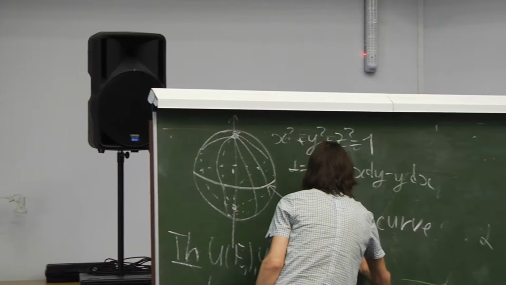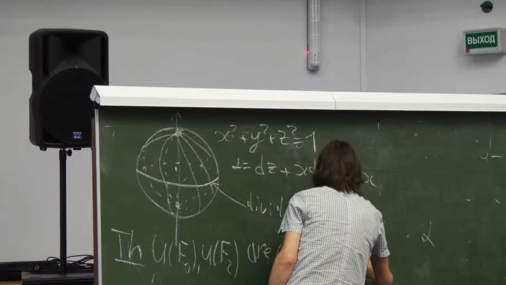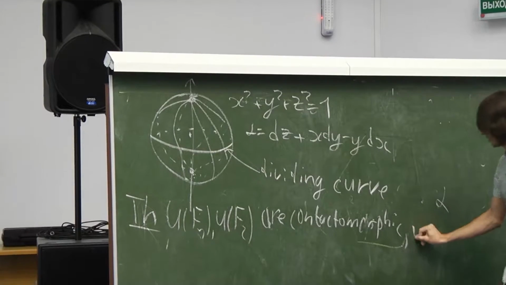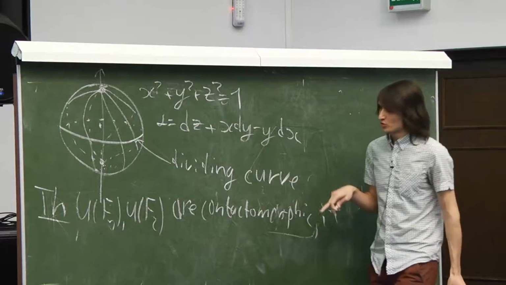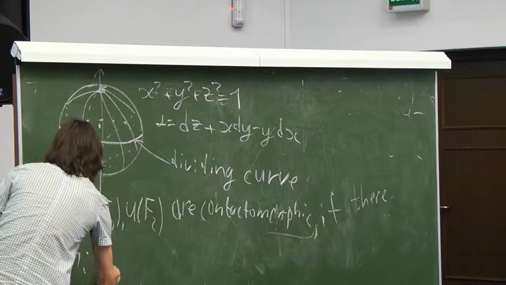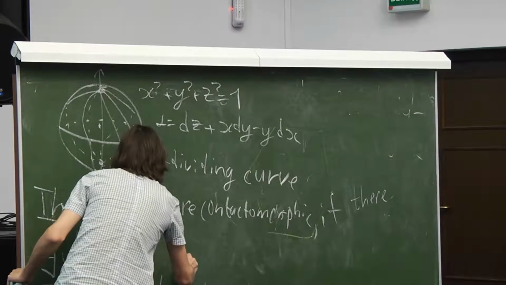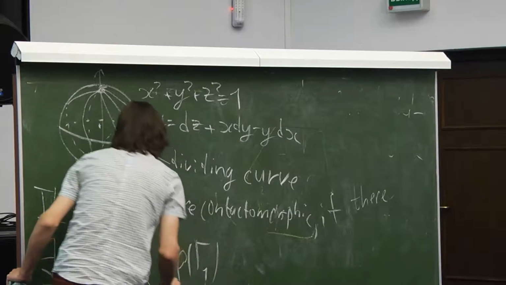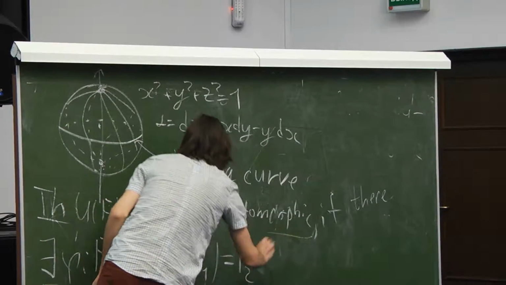Two neighborhoods are contactomorphic if there exists a homeomorphism between surfaces, the image of the first dividing curve is the second dividing curve.